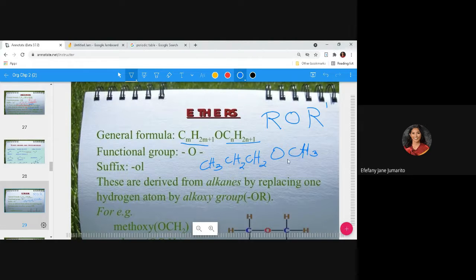So how do you name this one, class? First thing is you find your parent chain. What is your parent chain?